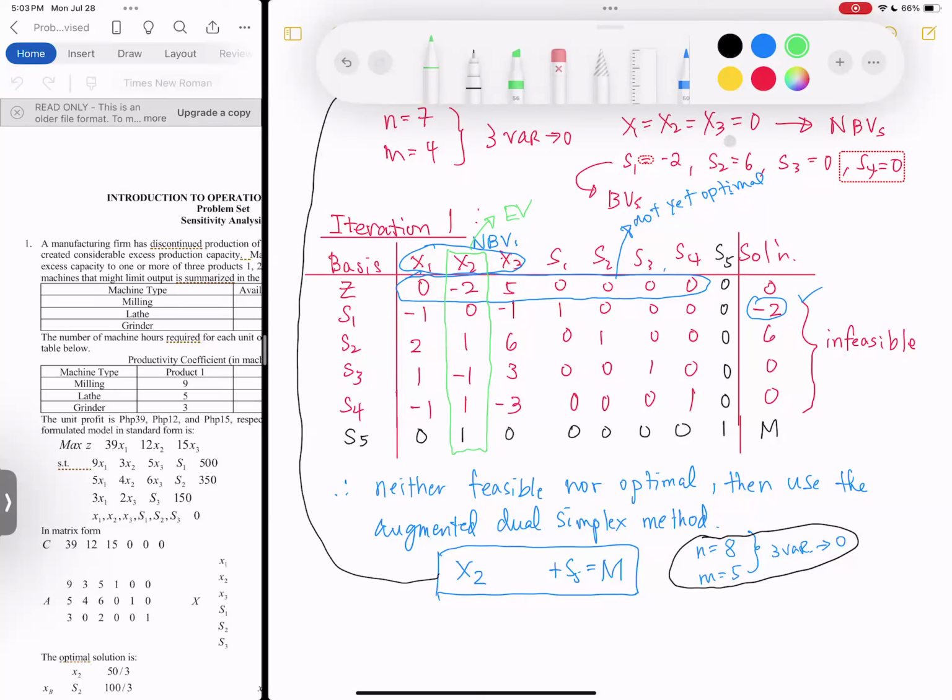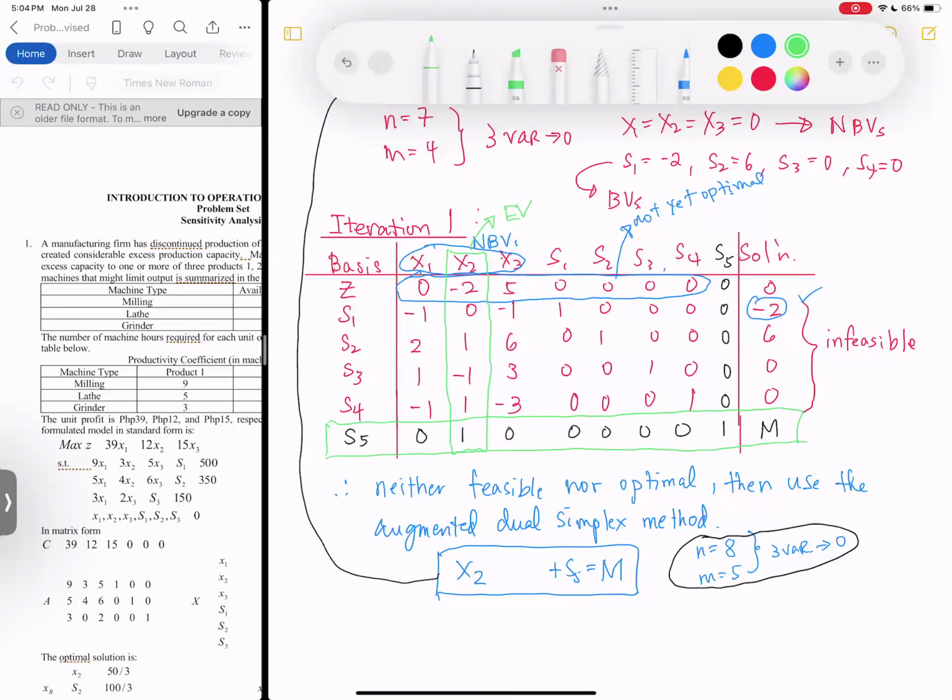You will not get the ratio anymore as we used to get for a suboptimal tableau, but rather we will force this augmented row to be our leaving variable.